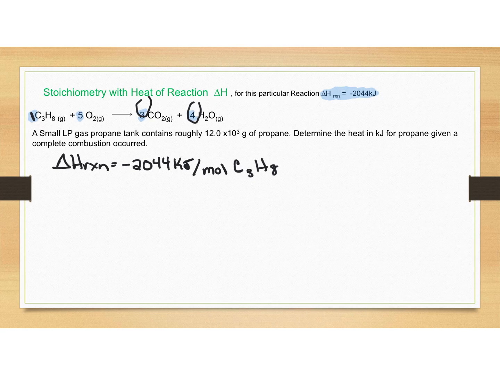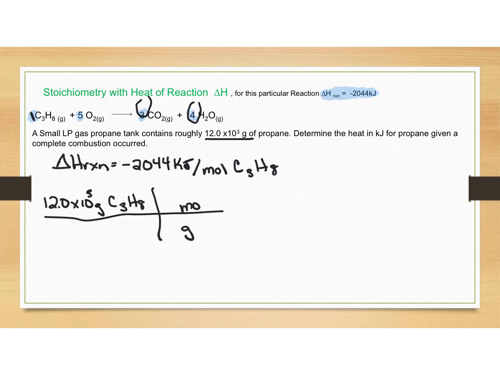So let's start with what's given in the problem statement. The 12.0 times 10 to the third grams of propane. Now I've got to go from grams of propane to moles of propane. And how do we do that? Well, to go from grams to moles, we know that's just the formula weight. 1 mole of anything is equal to its atomic mass in grams.